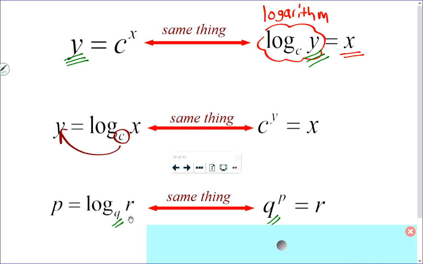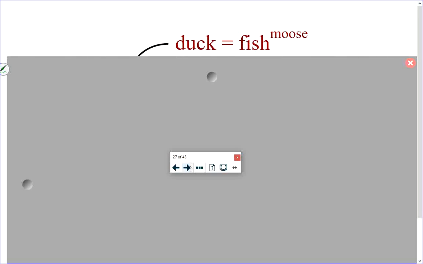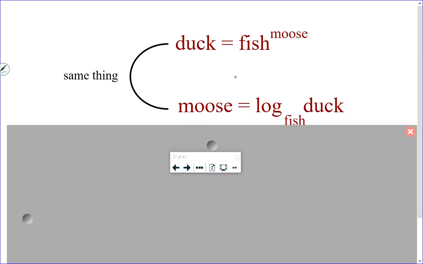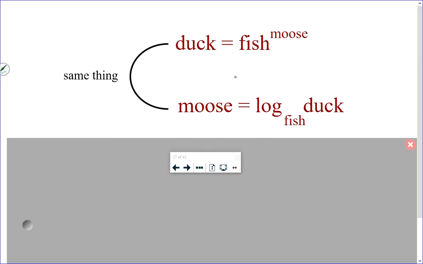So it's got to be a base fish logarithm. The thing that's by itself right here is duck, and moose is buried inside of the operation, so that's going to switch. Moose will be by itself, and moose is equal to log base fish of duck. It doesn't matter what those things are. You need to be able to rearrange them.